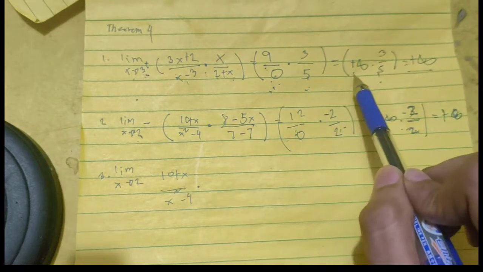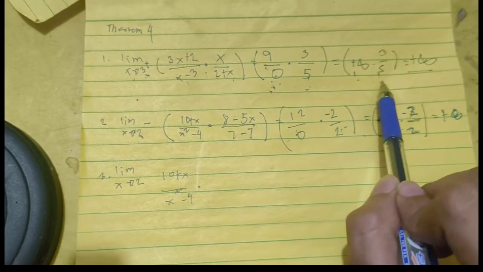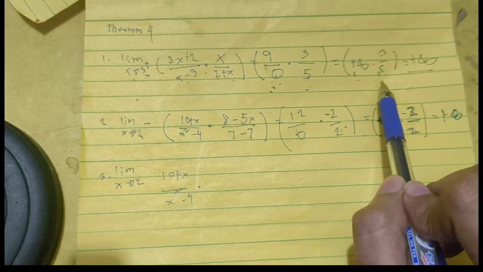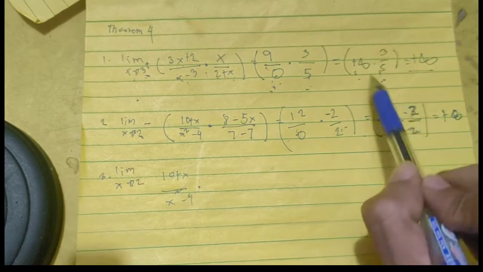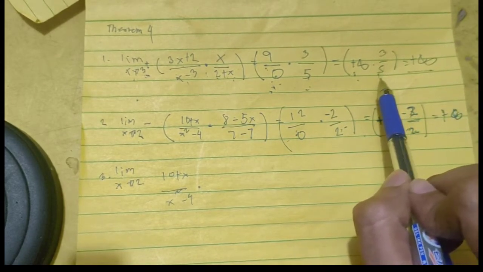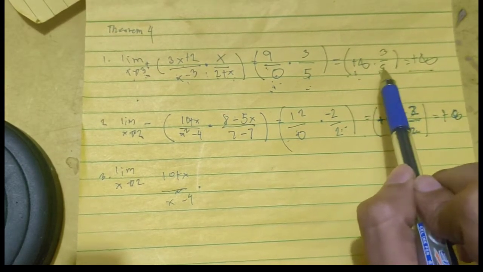Now we have positive infinity. Our f of x and our g of x is 3/5. The constant is greater than 0, meaning it is positive.